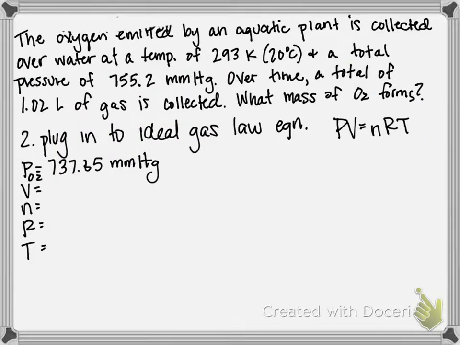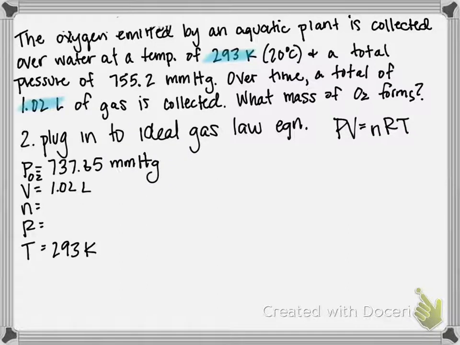And now I'm going to read the problem again and make sure that I have all of the other information that's given. So it gives me a temperature in Kelvin, 293 K. It gives me pressure, which I utilized previously. It gives me a volume, 1.02 liters.